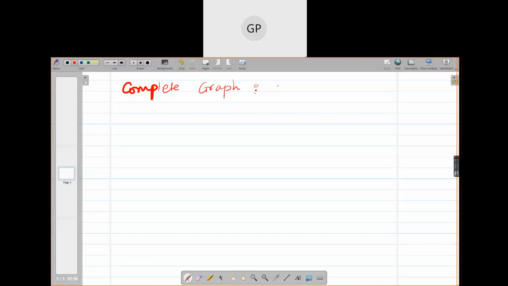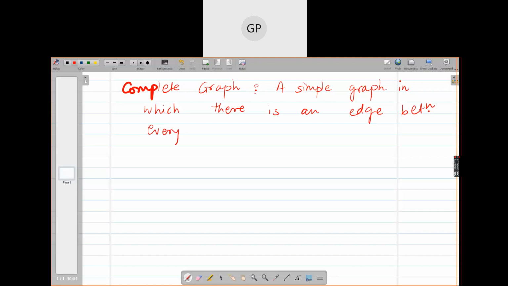So we should start the definition as a simple graph in which there is an edge between every pair of vertices, right? This is how we had defined it.